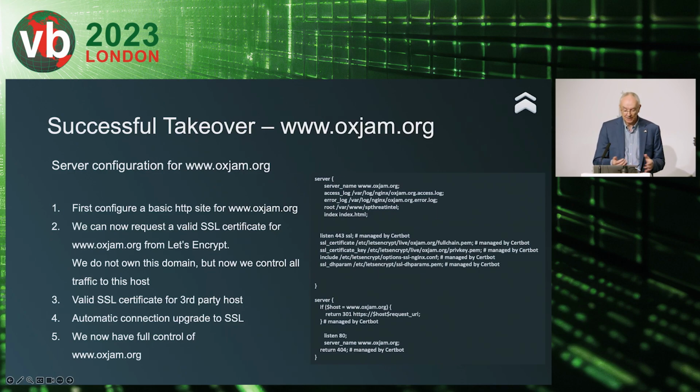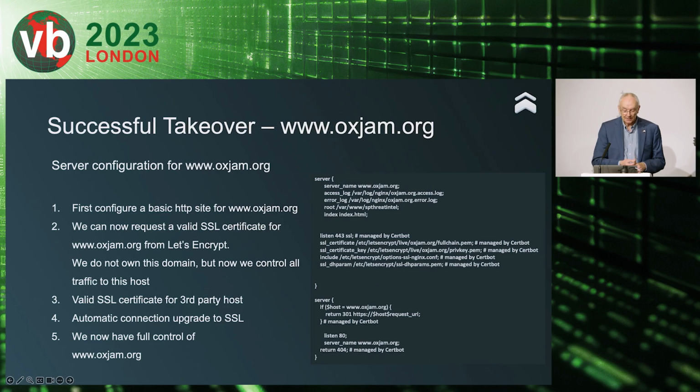We can configure our own web server to host this. We can start with a basic, simple HTTP configuration on the web server, because that's what we need to be able to get an SSL certificate from Let's Encrypt. That's part of their validation.